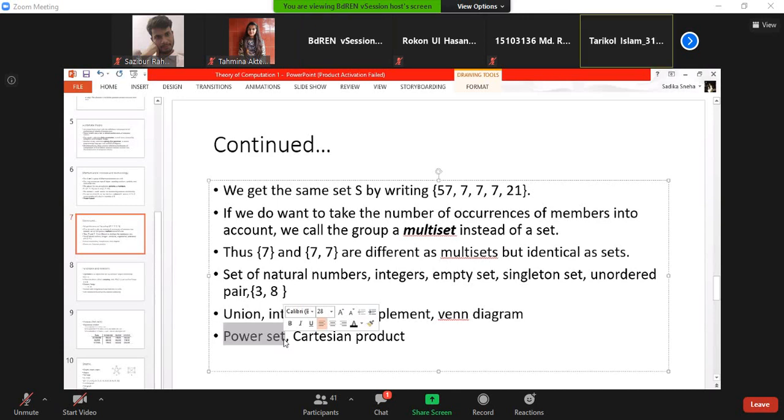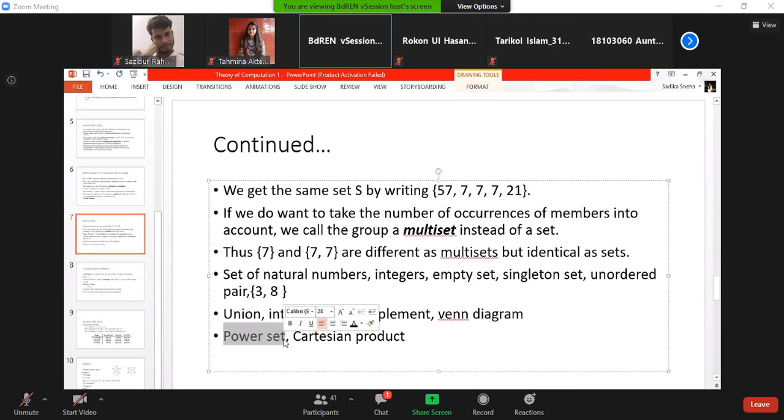Ma'am, the subset of taking each and every element. Not each and every. Each and every should be used earlier. The definition you are giving, the terms are right in the sentence, but they are not in the right place. The thing is, each and every subset of any set.